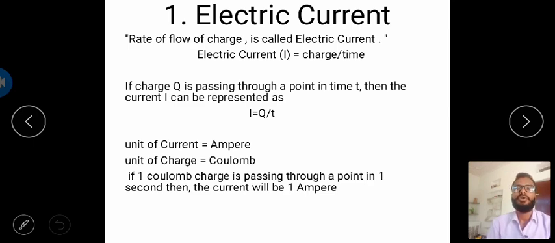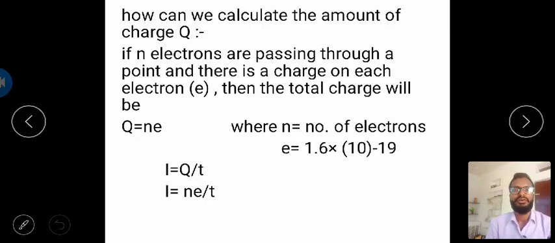So first of all, we have to calculate the amount of charge. Here we will see how we can calculate the amount of charge. If n means number of electrons, there may be n is equal to 1, n is equal to 2, n is equal to 3, n is equal to 4, and many more, anything.